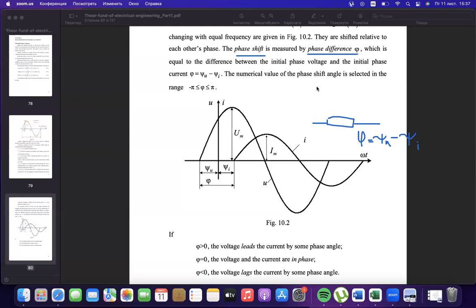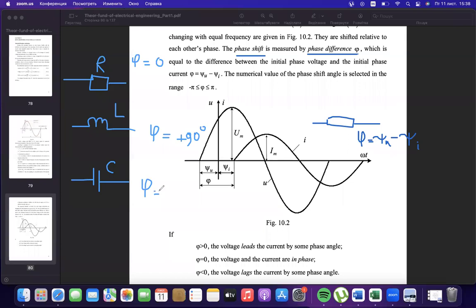For a resistor, the shift angle equals 0. For a coil, the shift angle equals plus 90. For a capacitor, the shift angle equals minus 90.